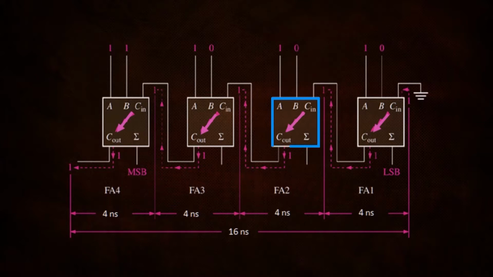So, it has to wait for 4 nanoseconds and again takes 4 nanoseconds to produce the results. At present, the total propagation delay is 8 nanoseconds. FA3 produces the result after 12 nanoseconds and the final result from FA4 is generated after 16 nanoseconds. So, the cumulative delay is 16 nanoseconds. It shows the worst case carry propagation delay.